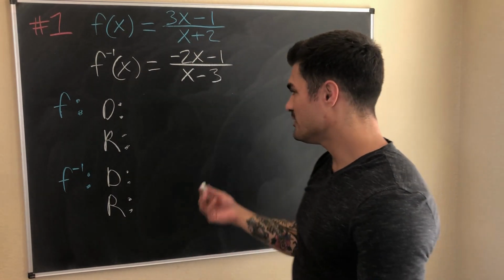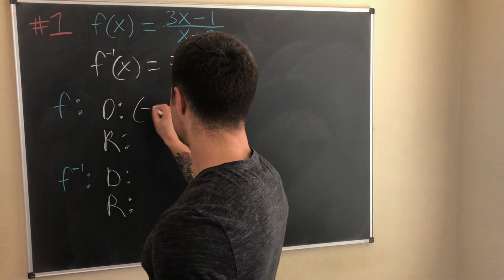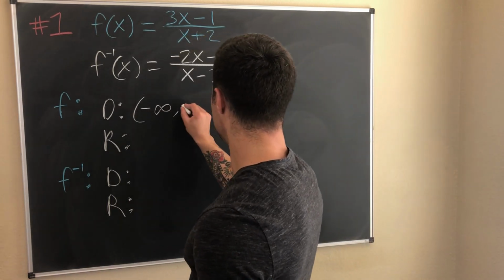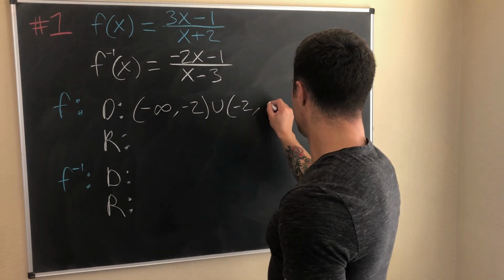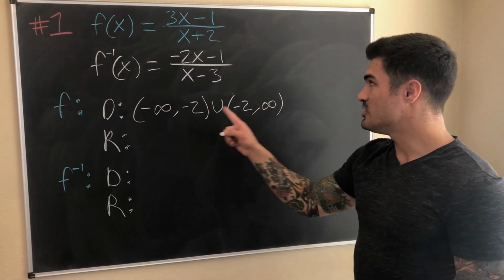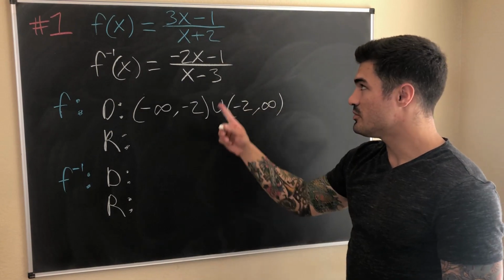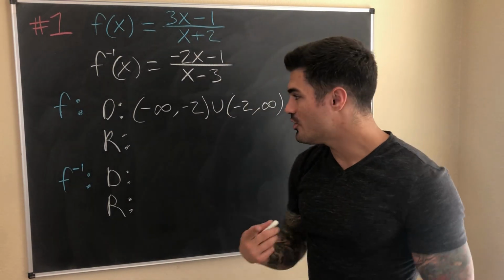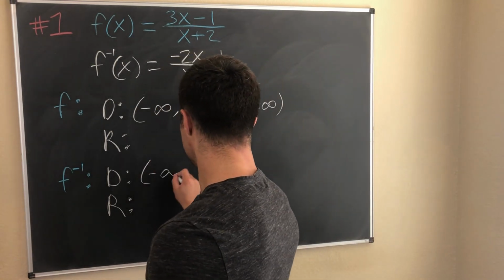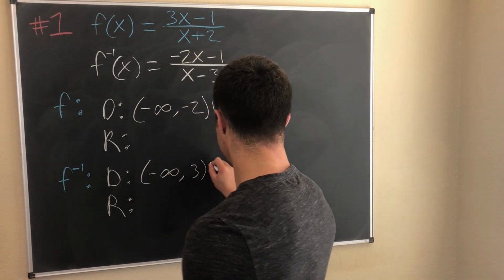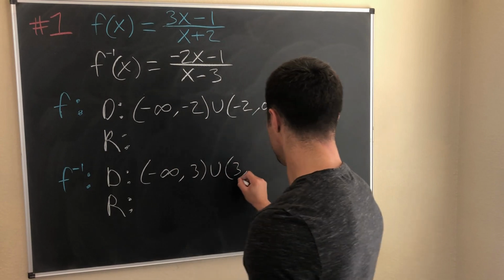So you can write it in several different notations. I like this interval notation: from negative infinity to negative 2, union negative 2 to infinity, and that's the domain of this function, right? Because we can't plug in negative 2, since that gives us a 0 in the denominator, and by the same logic, we can't plug in 3 to this function. Exact same logic, we just can't have 0 in the denominator.